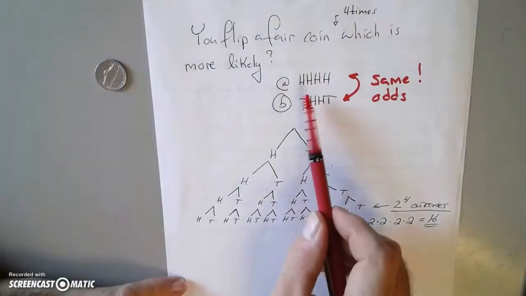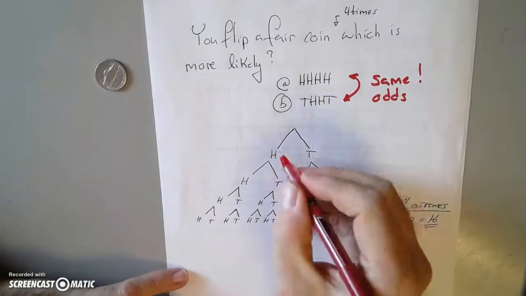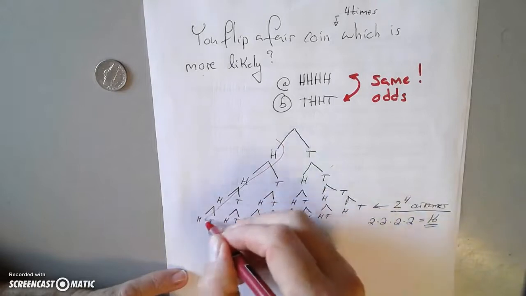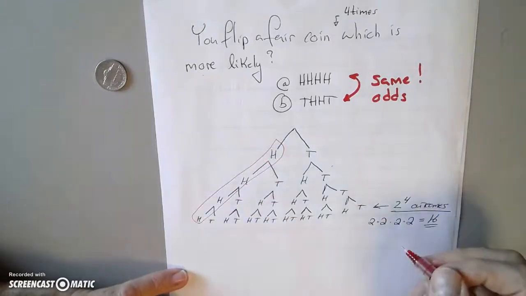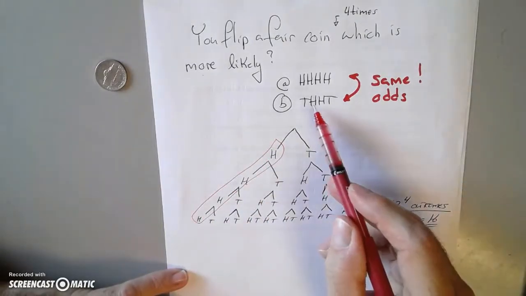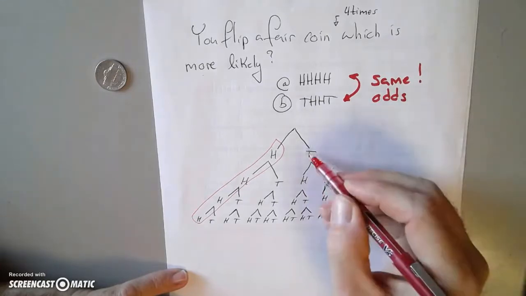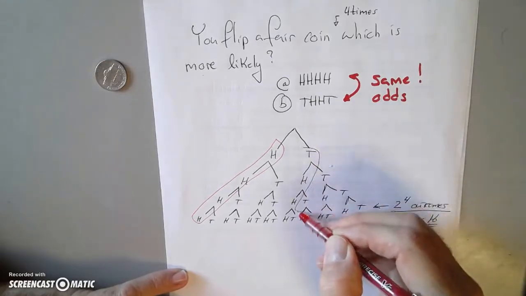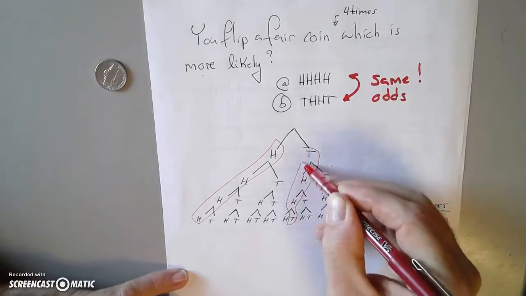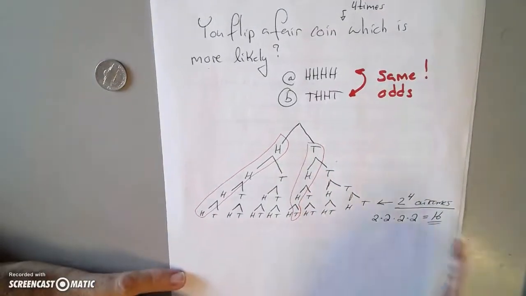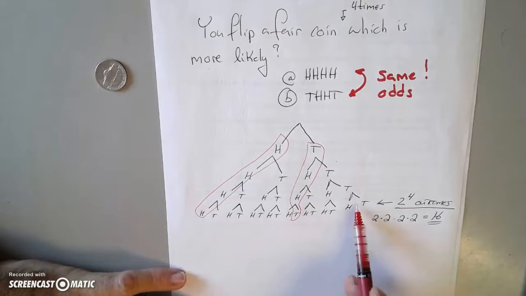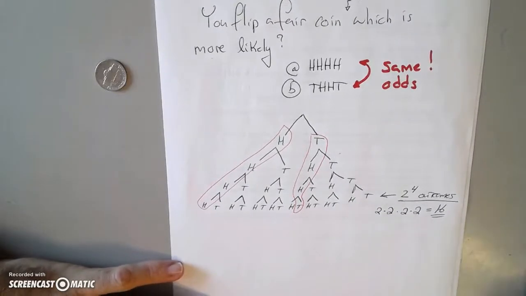Now the case where you get 4 heads in a row, that corresponds to this sequence of events. In the case where you have tails, heads, heads, tails, that corresponds to this sequence of events. Now, all of these outcomes are equally likely.